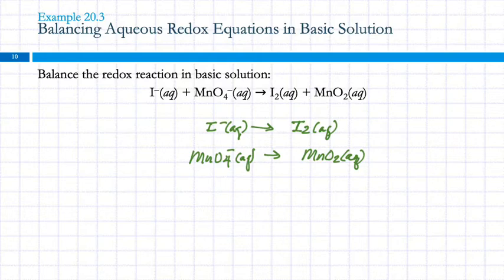Balance with respect to mass. Here I have 1 I and 2 I's. So I need 2 I's over there. I'm good. 1 manganese and 1 manganese, that's fine. 2 oxygens and 4 oxygens. I'm going to balance the oxygens by adding water.